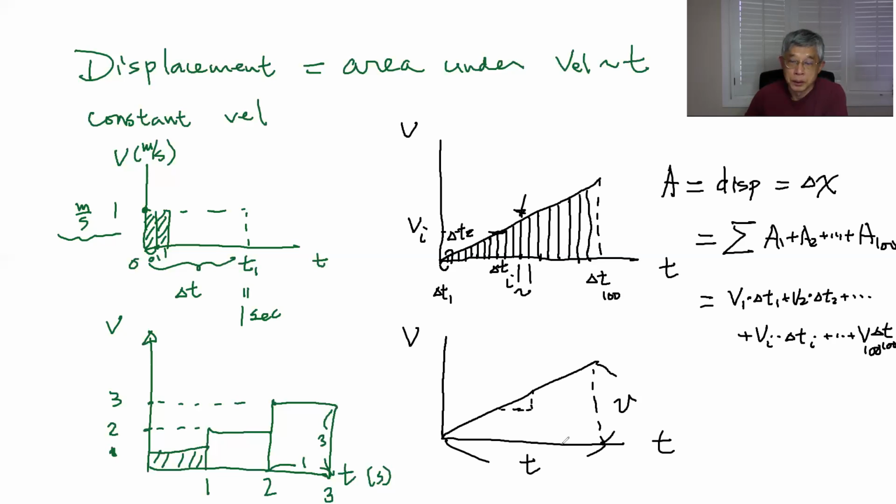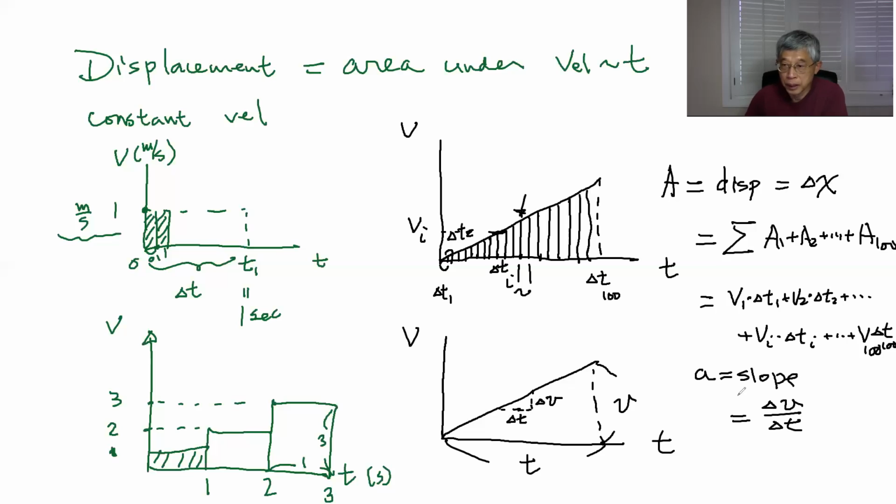So what's the slope here? Let's say we take this one as delta T and this is delta V. The slope A is equal to delta V over delta T, the rise over the run.